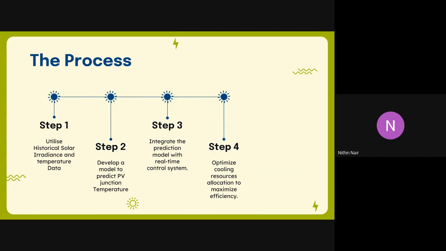Then we develop the model to predict the PV junction temperature, which is then integrated with a real-time control system in order to provide real-world cooling systems. And then we optimize the available cooling resources which are currently used in order to maximize the efficiency.